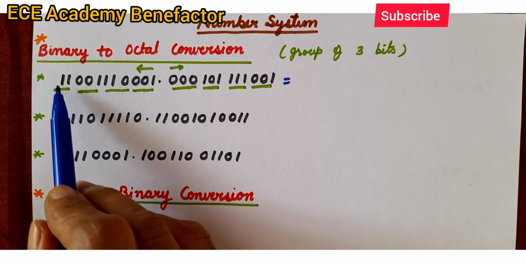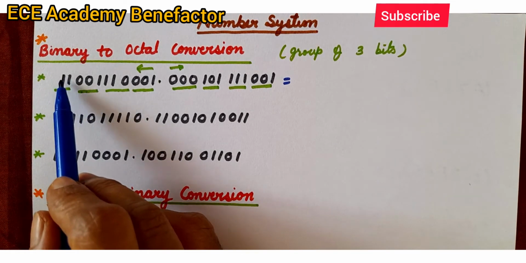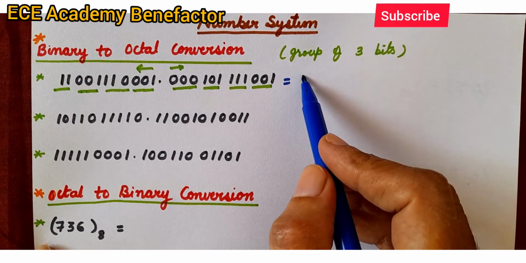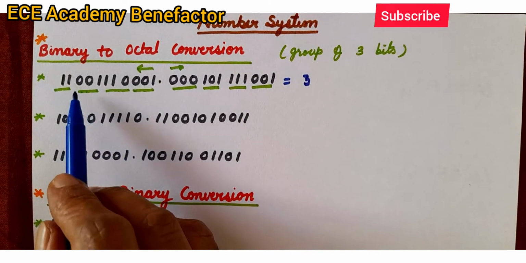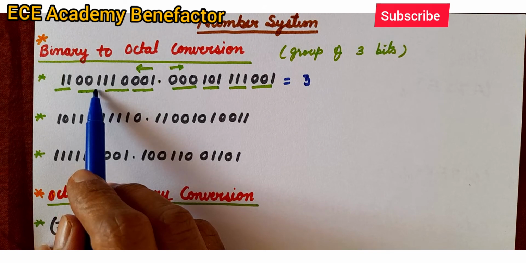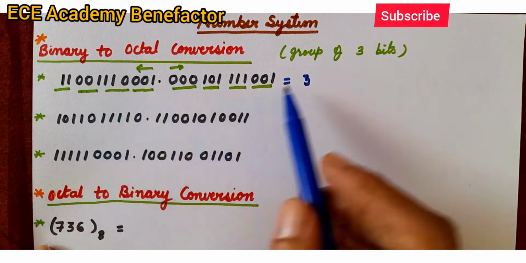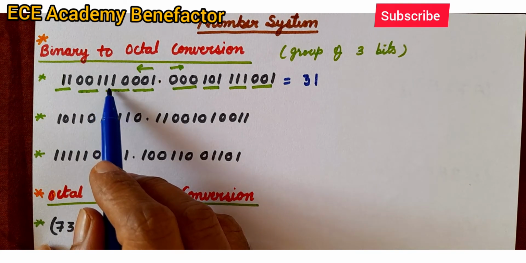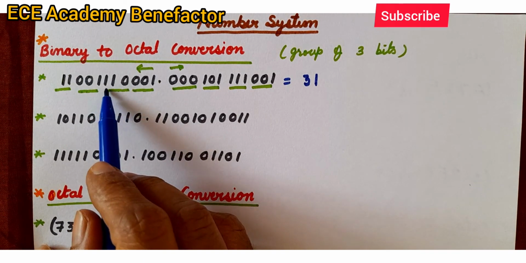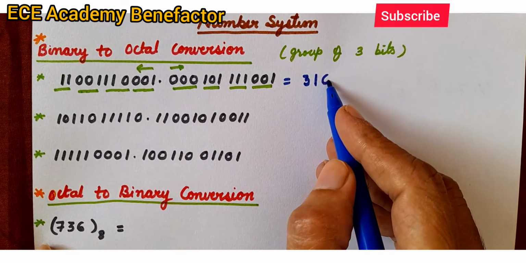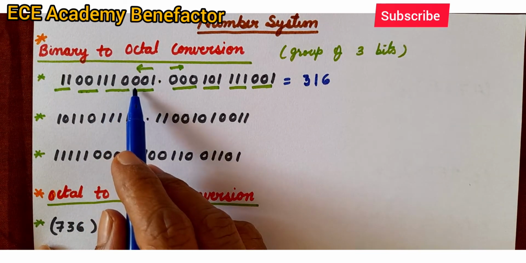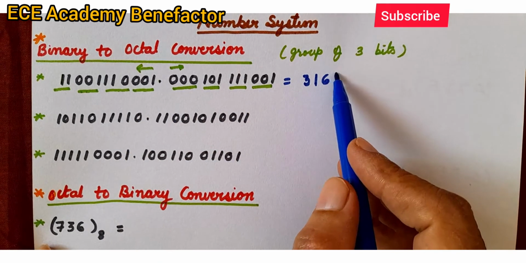So, let us start writing the groups from here. 011. What is 011? 3. 001 is 1 in octal. 110 is 6. 110 is 6. 001 is 1.